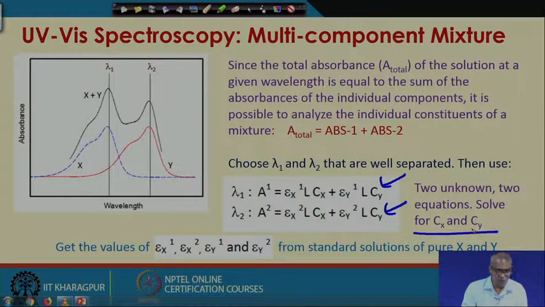We can find out these values of the molar absorptivity of x and y at lambda 1 and lambda 2 from standard solutions of pure x and pure y. So, this is how I can find out the concentrations in multi-component mixtures. I have shown it here for a 2 component mixture, but this can also be extended for more than 2 component mixtures. So, we will stop our discussion on concentration measurement by UV spectrophotometer here.